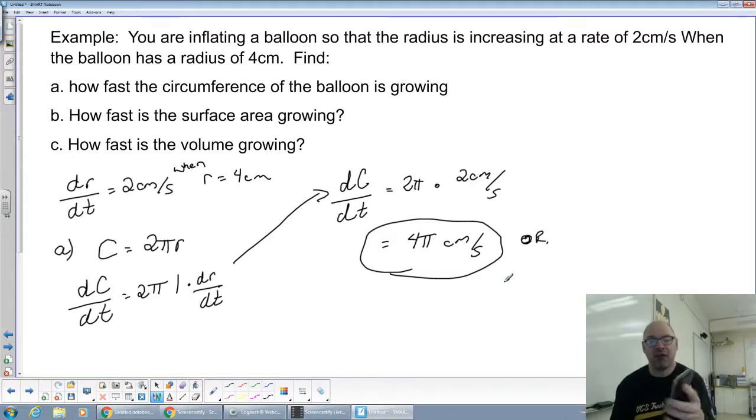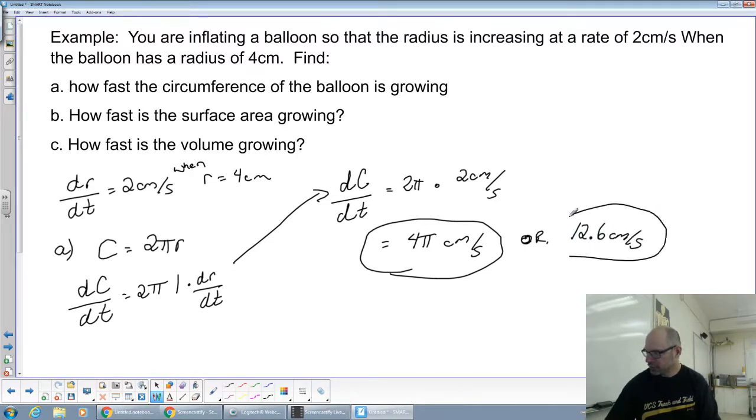And that's 12.56, so 12.6 centimeters a second, if you change the pi into the 3.14. And that's as simple as it is. Pretty simple with the circumference, because the circumference is a really simple formula.